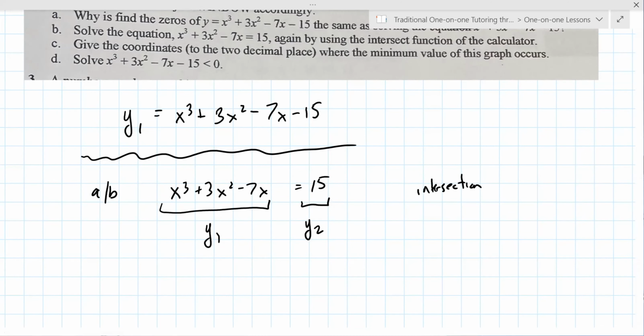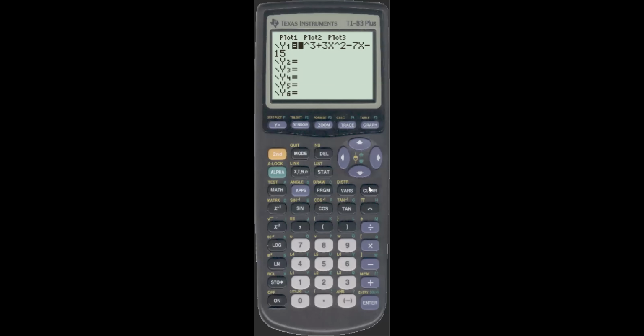I'm going to go back to the calculator, back to the y equals. I should not clear this out, because you can just edit it. The calculator was designed before the iPhone, so if it doesn't feel intuitive or you get upset, it doesn't work great.